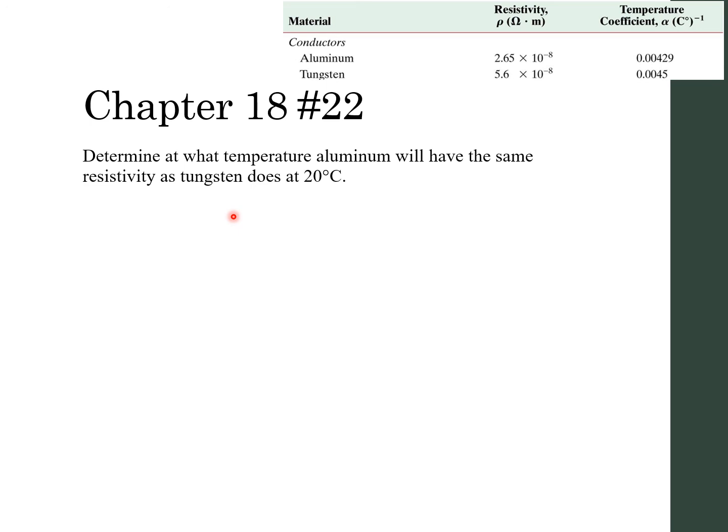In this situation, we're trying to find out when the resistivity of aluminum at some temperature is going to be equal to the resistivity of tungsten at 20 degrees Celsius, so tungsten naught. Right now what I need to do is plug in some information.